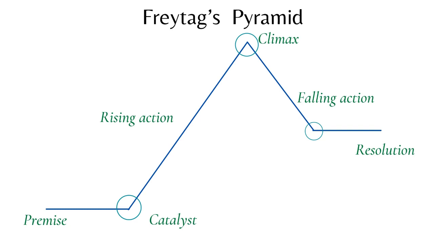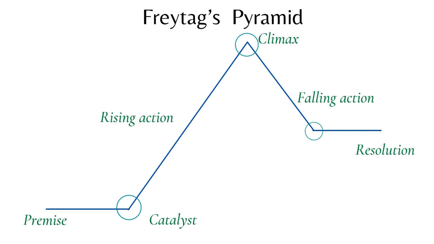You can resolve the conflicts that have been happening so far. You resolve them here during the falling action, or at least you make your main character and the other characters make decisions that will push the story to some kind of new normal.